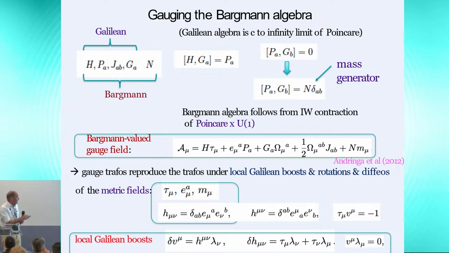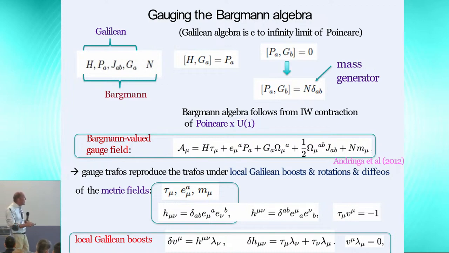And then you can show, with a sort of trick, which half the room might have seen for Riemannian geometry, how you change the local translations for diffeomorphism invariance with some trickery. But at the end of the game, you can show that the gauge transformations corresponding to these symmetries reproduce the transformations of the local Galilean boosts, rotations and diffeomorphisms.